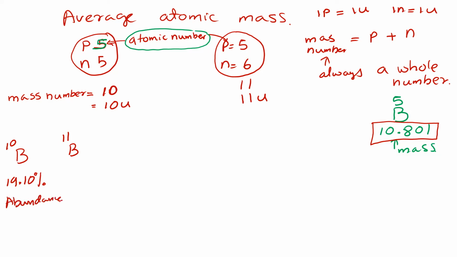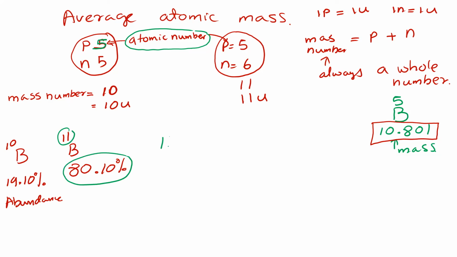That means if we take 100 boron atoms, about 19 of them are going to be the boron 10 isotope, and the rest are the boron 11 isotope. And in nature, boron 11 is found to be 80.1% abundant.